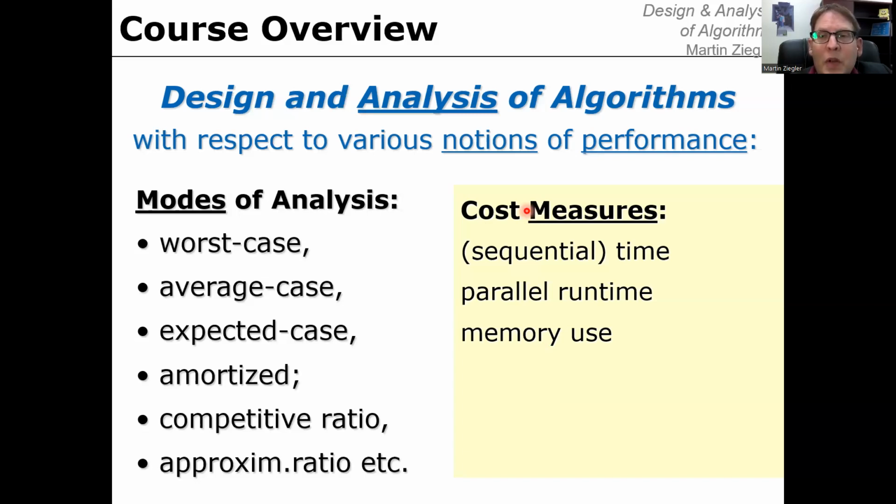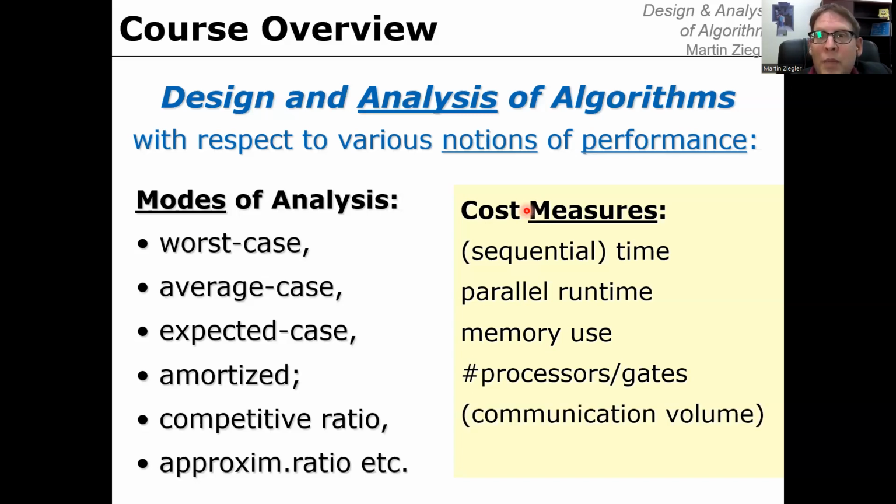Then when talking about parallel algorithms, the question comes up, how many processors does such a parallel algorithm use in order to achieve its purported performance? Or on a lower level, when we talk about circuits, how many gates does the circuit use in order to process some data in parallel?